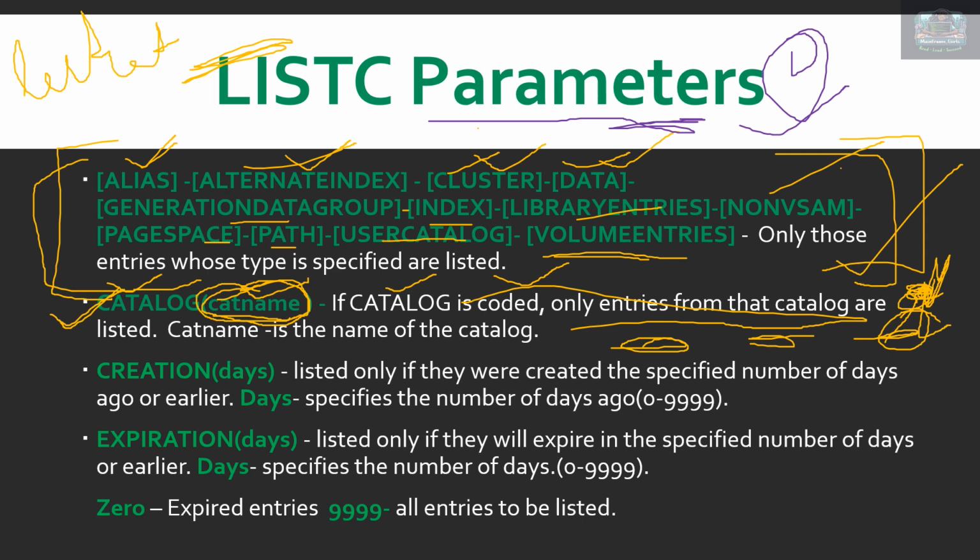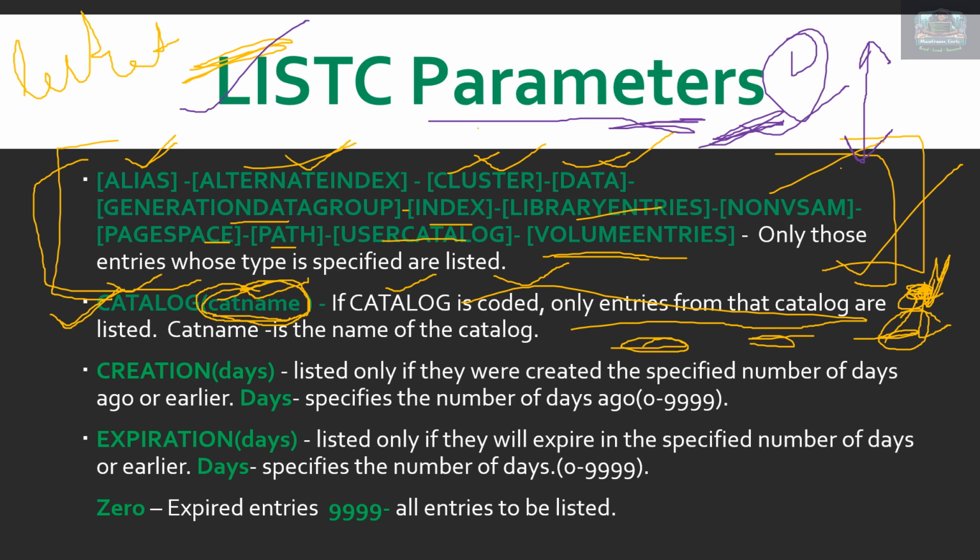There is a common command, the LISTC command, with which you can display all the information about that particular data set, but then you have to search for the required information. If you use parameters, you can directly get the information you need. That is why this parameters topic is there. But it's not mandatory that you remember all the parameters.